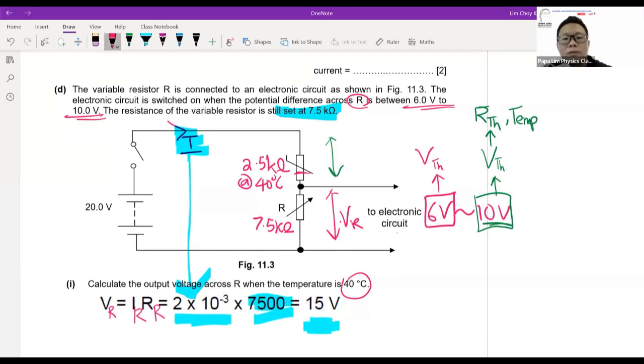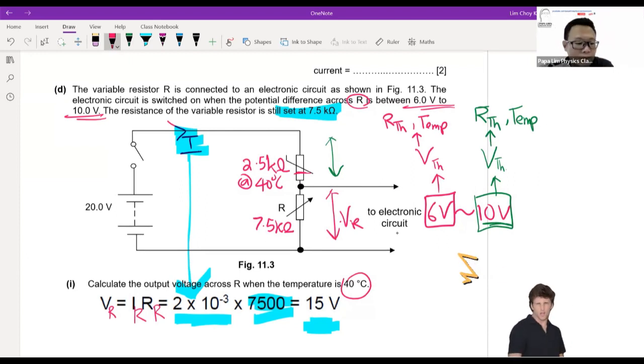Vice versa for the red color: when the R is 6 volts, it will correspond to a particular potential difference for the thermistor, and also a particular resistance in the thermistor at a certain temperature. So in these two cases, the resistance is actually different. That's where you have to take note.